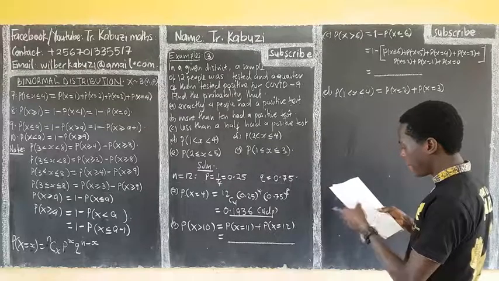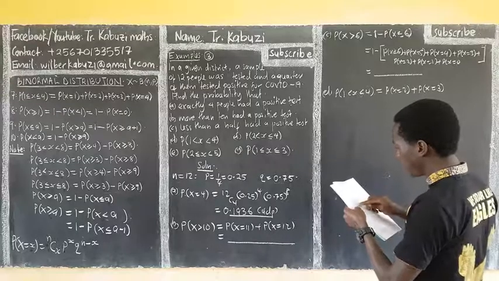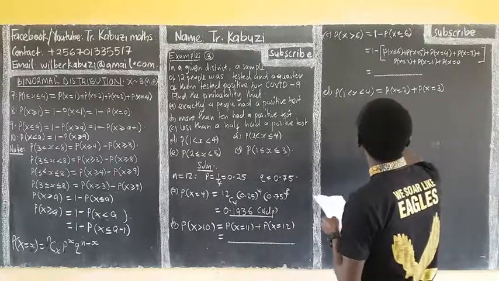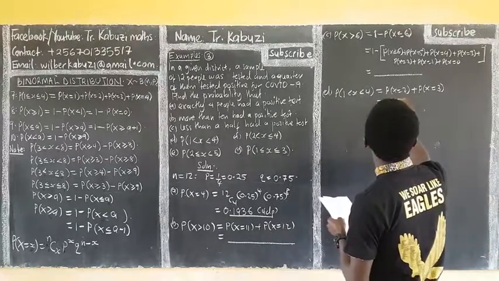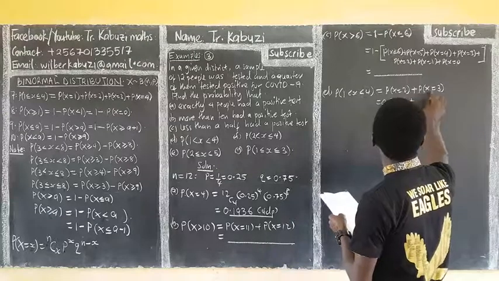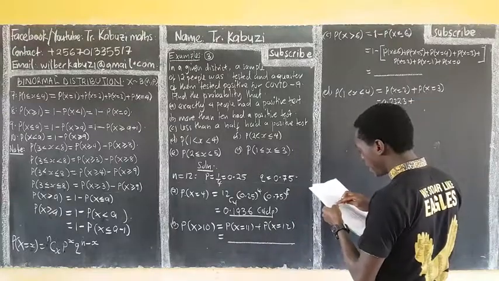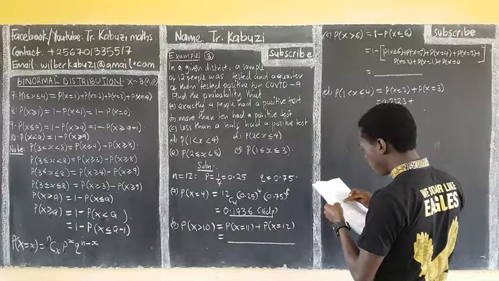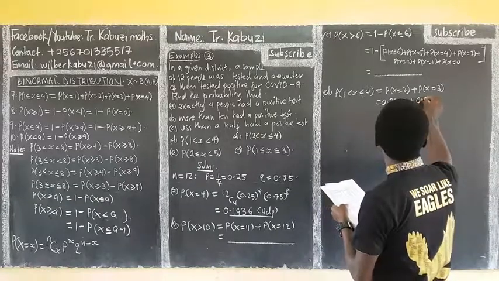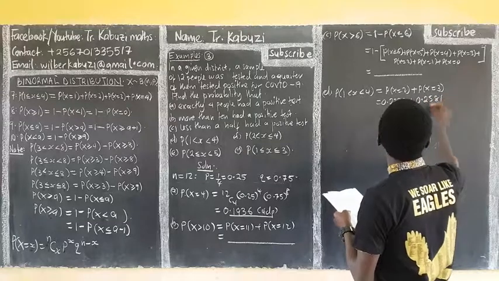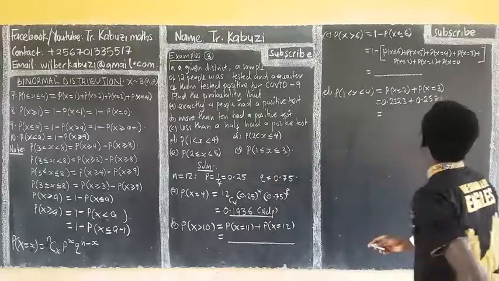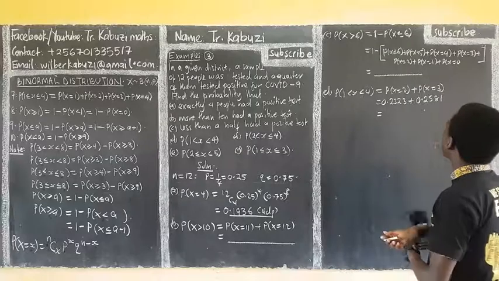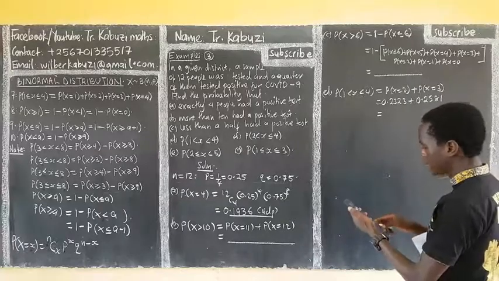I have 0.23, then plus when x is 3, I have 0.2581. And this one, when I pull out my calculator, I'll be having 0.2.